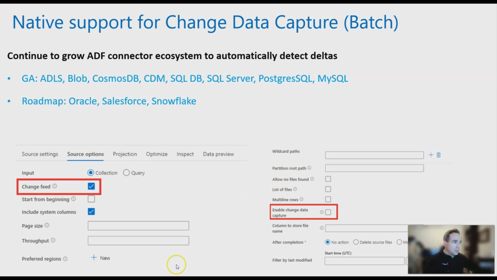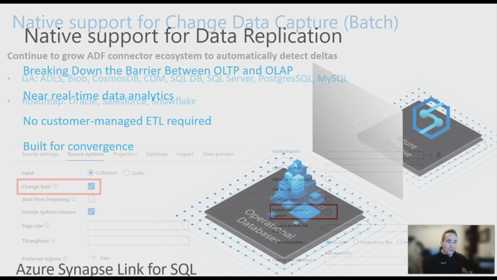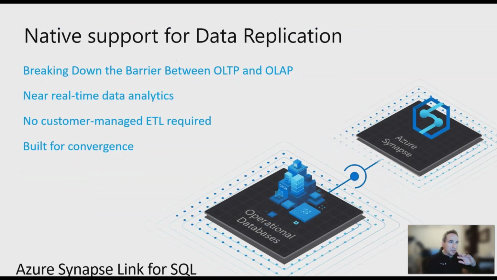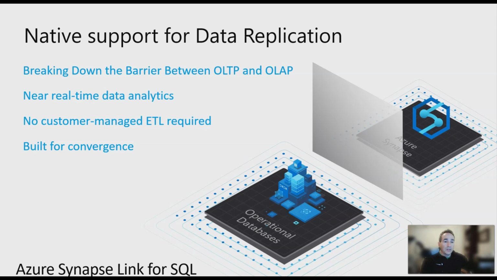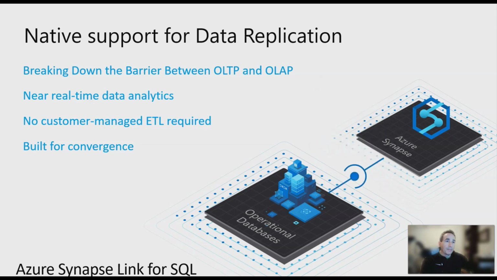You just switch on change data capture, and it's that easy. It's a single click capability to go from reading all your data to just reading the change data. And we also support net replication. So within Synapse, you'll see what's known as Synapse Link, and that gives you that no ETL capability to bring in changed data as well and do data replication with that. And that's using the ADF engine without needing to build an ETL pipeline to do it.